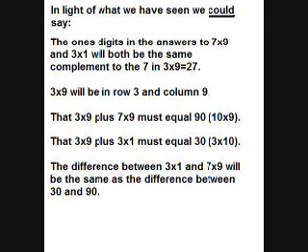That 3 times 9 plus 7 times 9 must equal 90, or 10 times 9. And that 3 times 9 plus 3 times 1 must equal 30, or 3 times 10. The difference between 3 times 1 and 7 times 9 will be the same as the difference between 30 and 90. I doubt if we'd really want to say all that, however.